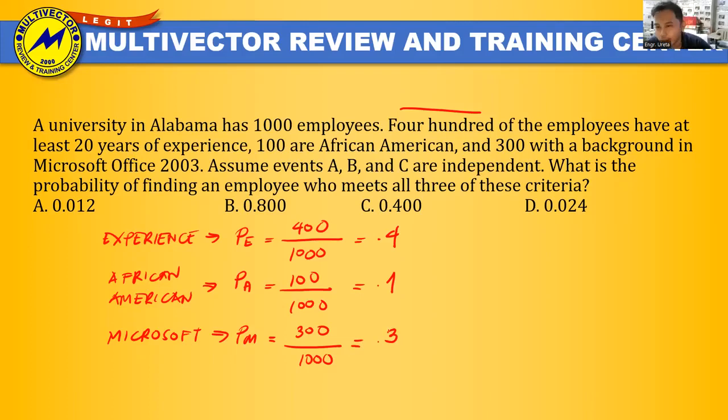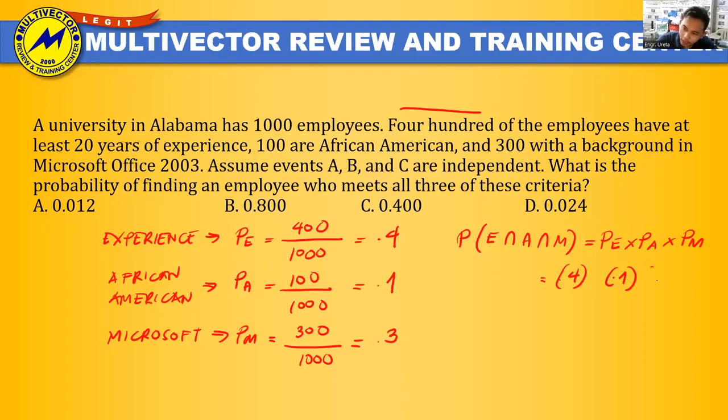Okay, so pag kinuha nyo yung probability ng employee who meets all these criteria, that the employee has 20 years of experience, and is an African American, and has experience with Microsoft Office, M, is just the product of their corresponding individual probabilities since independent probability sila. 0.4 times 0.1 times 0.3.